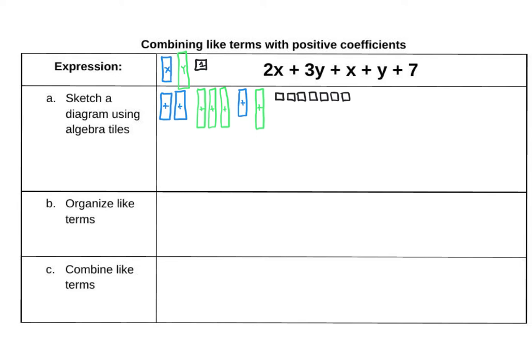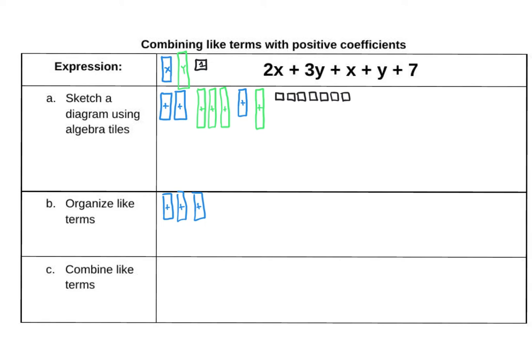My next step is I'm going to organize my like terms. And this could look in any order on your sheet as long as you're keeping track of what is positive or negative. So in this case, these are all positives. So I'm going to start with just pulling all of my x tiles in one area.